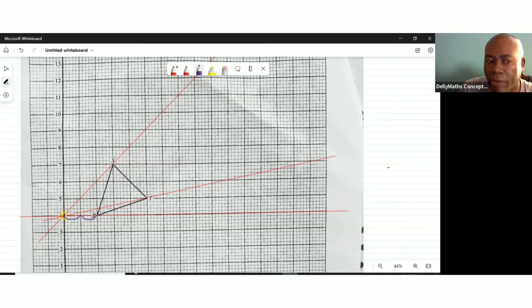So if you could think of a scale factor of 3, it's going to triple the distance from the center to R, from the center to R double prime. So triple this up. 1, 2, go again, 1, 2. So we're expecting R double prime to be 6 units away from the center. If R is 2 units from the center, then R double prime will be 6 units from the center. 2 times 3 gives us 6. So the scale factor will triple the distance from the center as well.